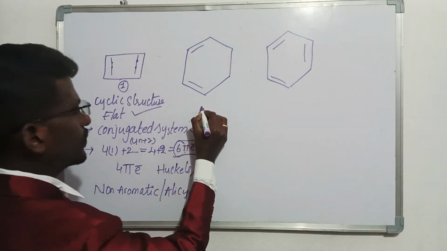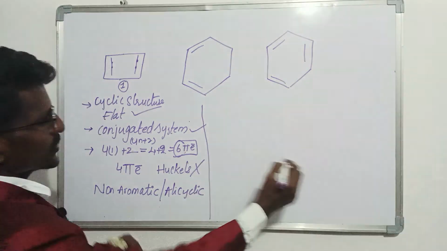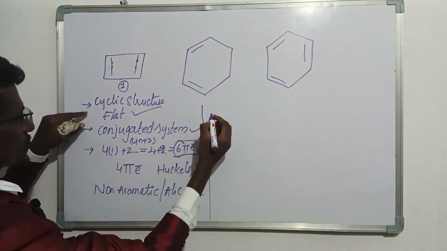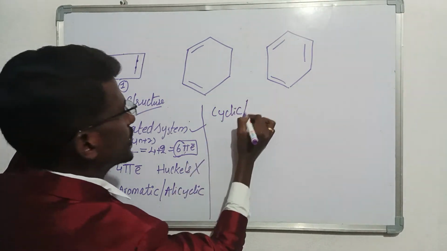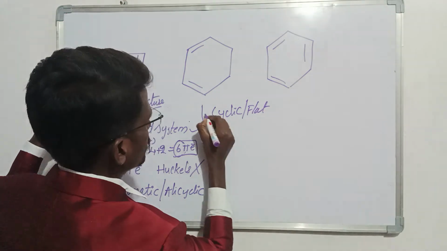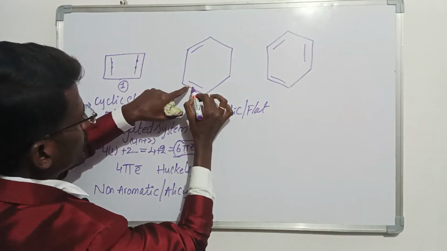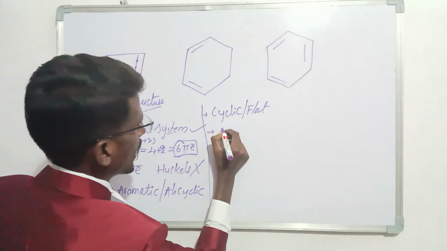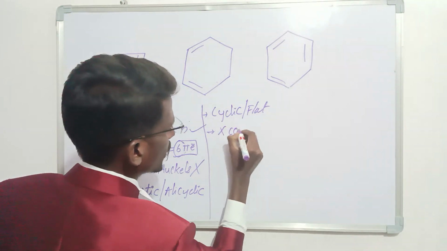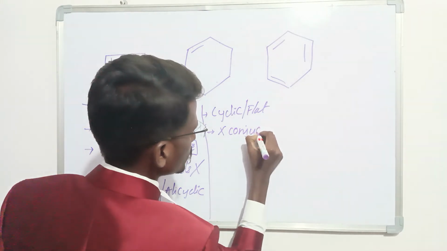Next, we will discuss this structure. It is a cyclic structure and it has a flat structure, but double bond, single bond, double bond, single bond, so conjugation is not there.